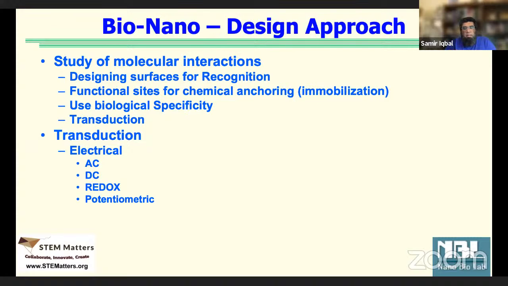You can measure it on an electrode, or gain of electron would be reduction. So which means again, there is change in potential at the surface. So those can be measured. We use potentiometric devices also where we are measuring potential under equilibrium condition where probably there's no reaction. But then if there are charged species that come along, they would change the interface of the electrode, and we can measure change in potential.